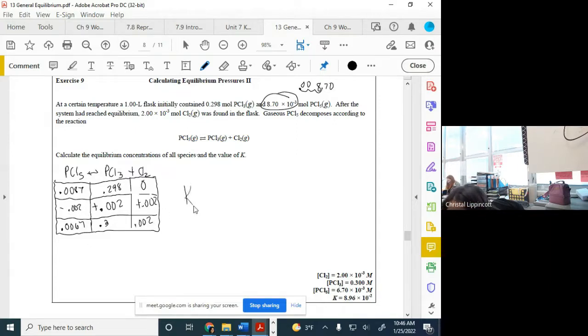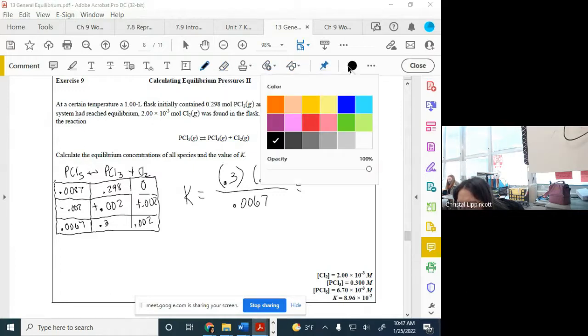So then K is going to end up being, we're going to take 0.3 times 0.002 over 0.0067. I did that right, except I just had 0.296. Okay, I heard some whats.